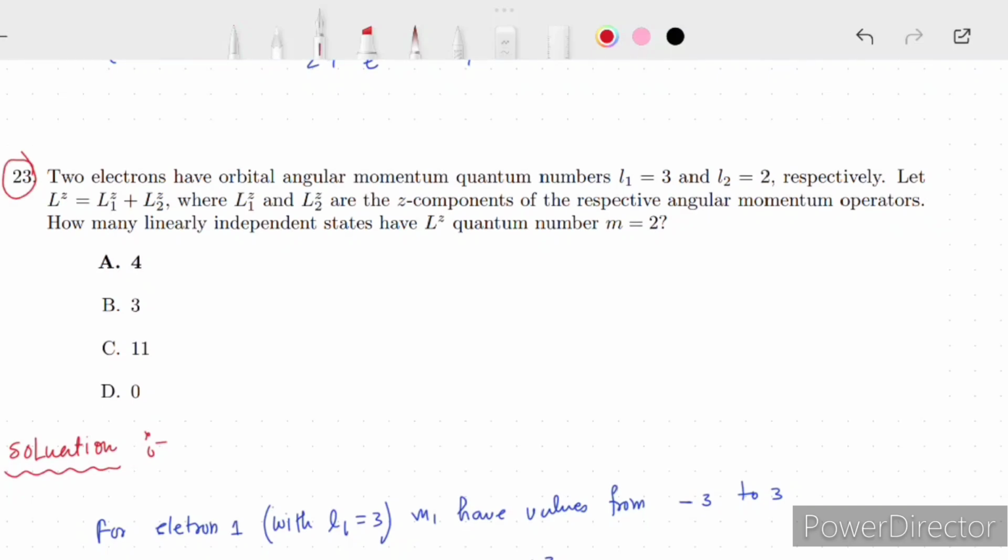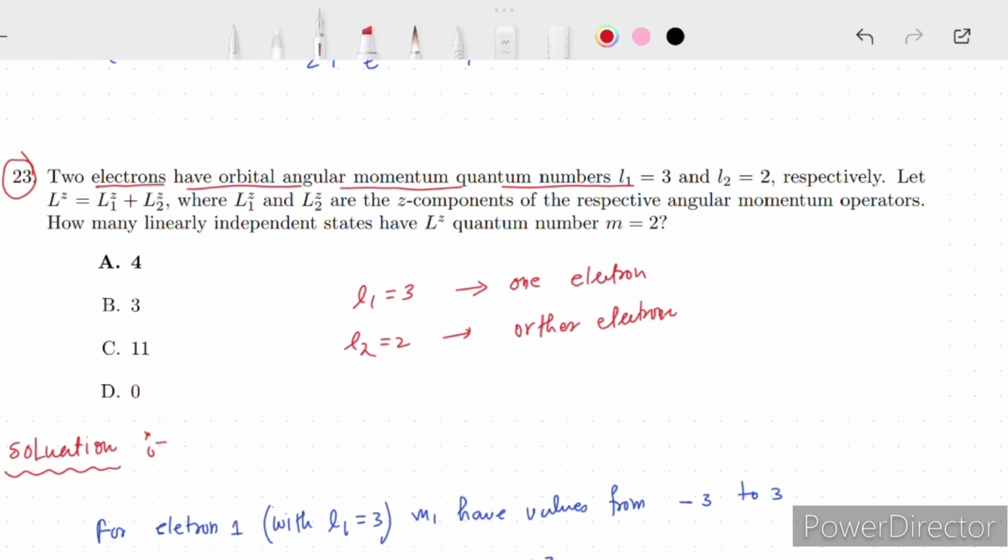Two electrons have orbital angular momentum quantum numbers L1 equals 3 for one electron and L2 equals 2 for the other electron, respectively.